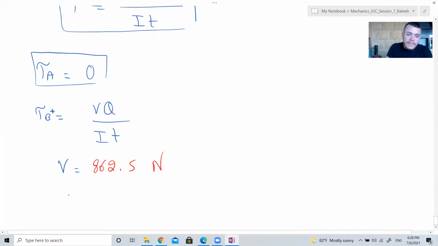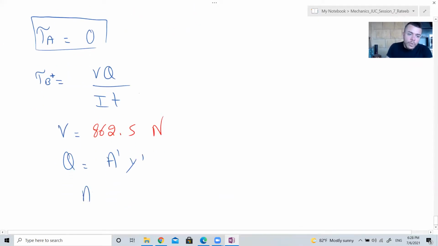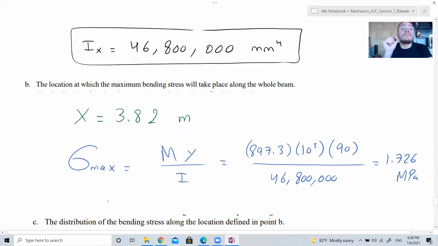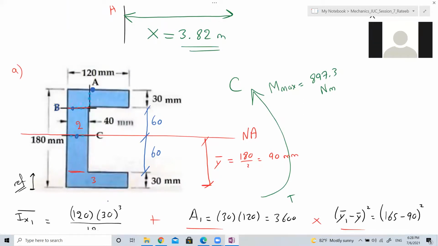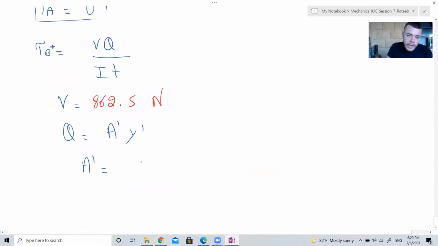Now, what is Q? It's A prime times Y prime. What is A prime for the point at B? A prime is the area above or below the point. What is easier to choose, above or below? Above. So the area prime is above.